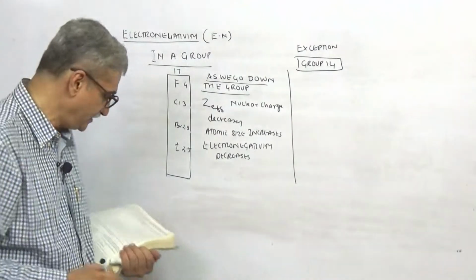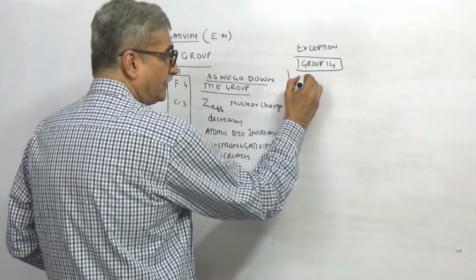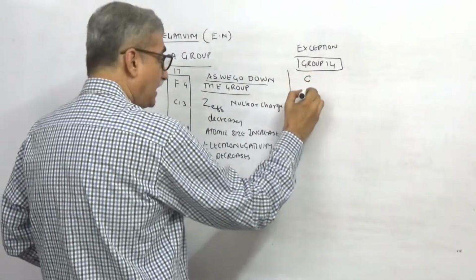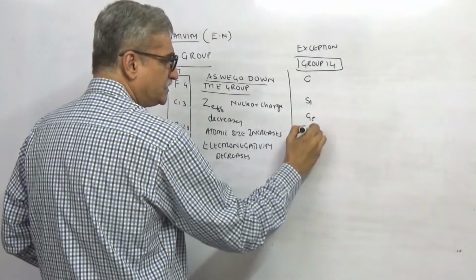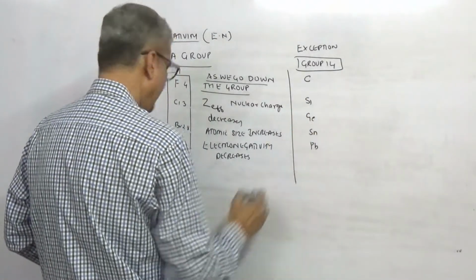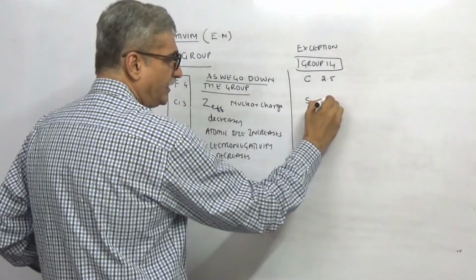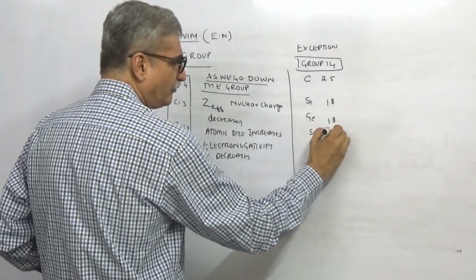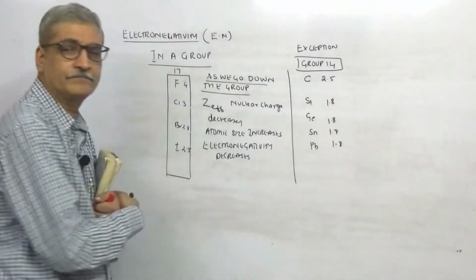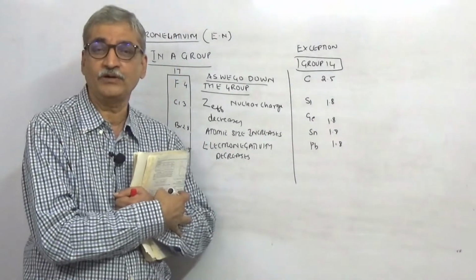What is the exception? Group 14, which will be carbon, silicon, germanium, tin, lead. You will be surprised. Carbon has a value of 2.5 and all the others have a value of 1.8.